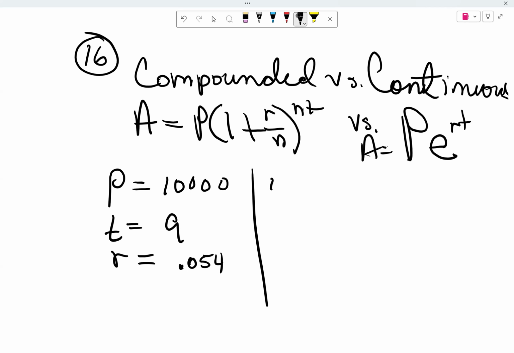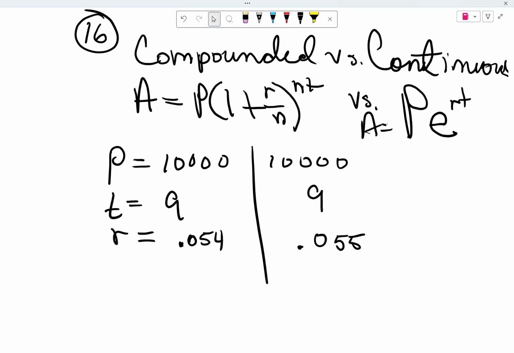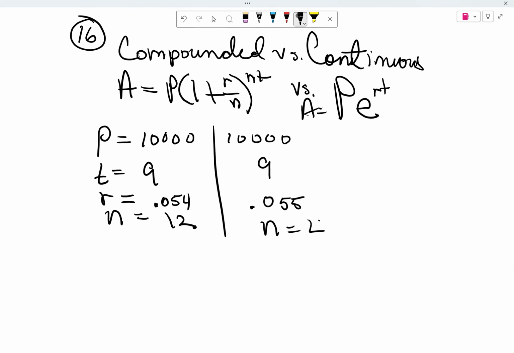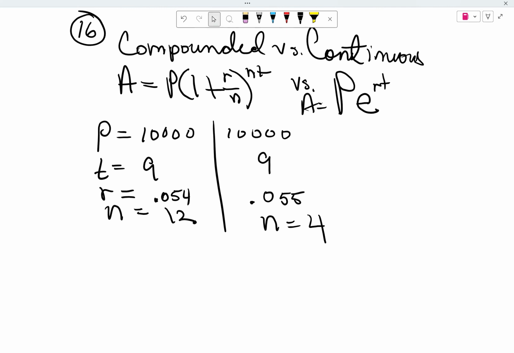And this is the same. This is 10,000, 9 years, but this is 0.055. What changes in the two investments is that one of them is monthly, the other one is quarterly. So make sure you can do these in your calculator.